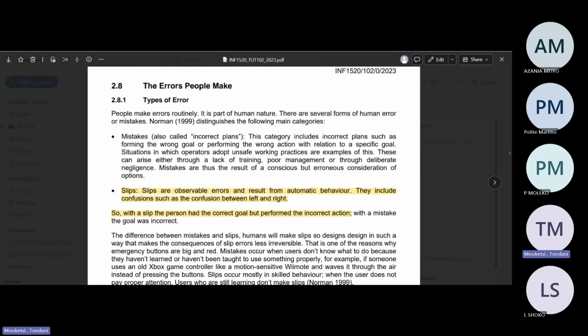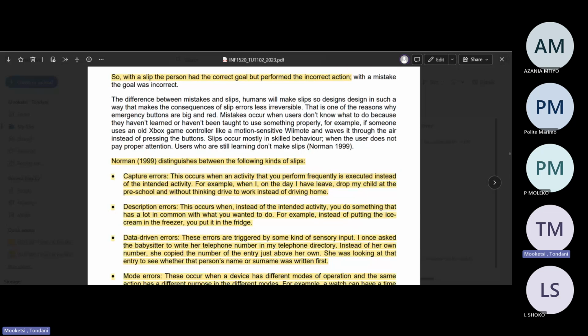So sleeps are observable errors that result from automatic behavior. So a person had the right goal, but they performed an incorrect action. So that is called a sleep. Then they will ask you the different types, the different kinds of sleeps.